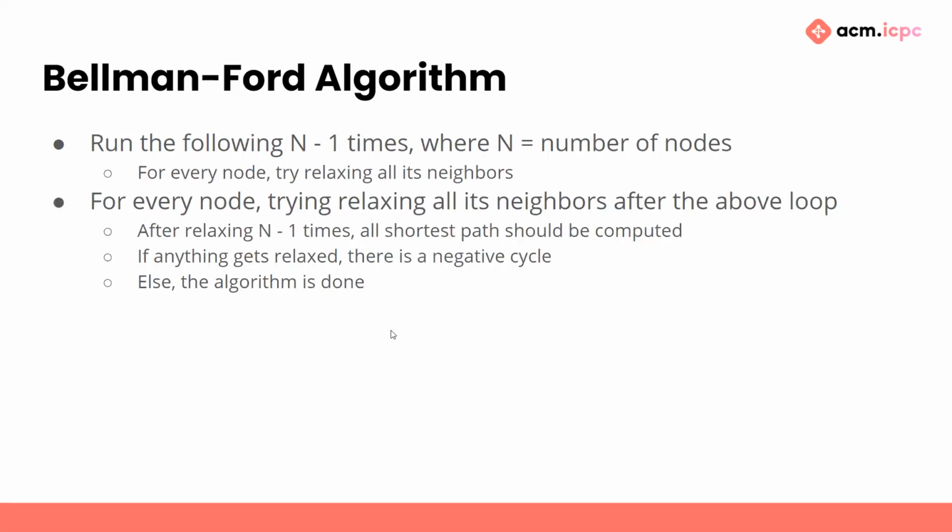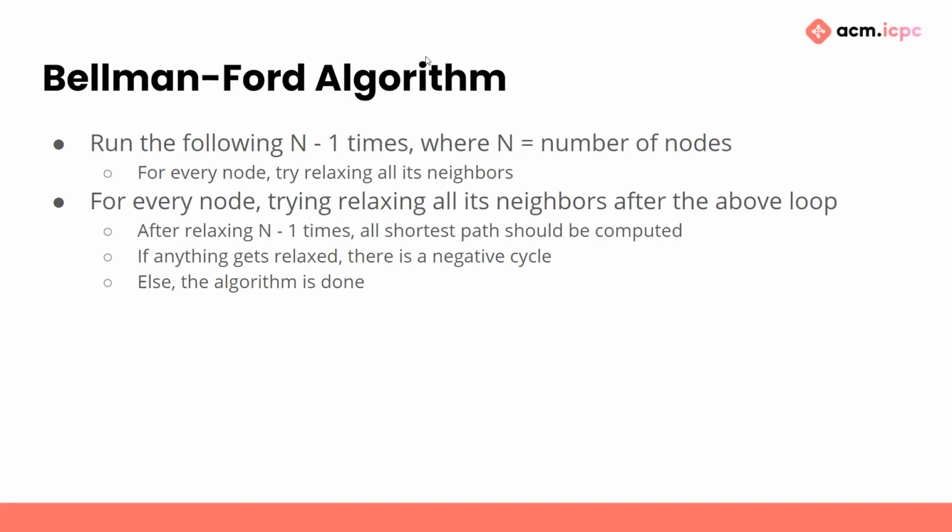And so going back to how the negative cycle detection works, if we run the algorithm one more time, so the nth time, and something gets relaxed, then there is a negative cycle. And this builds on the fact that after we run the algorithm n-1 times, the algorithm should be over.